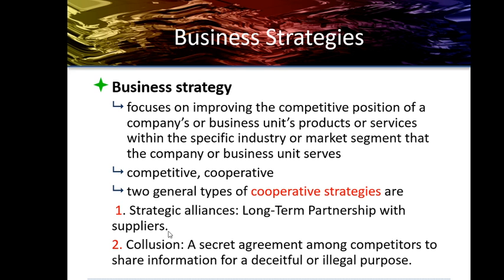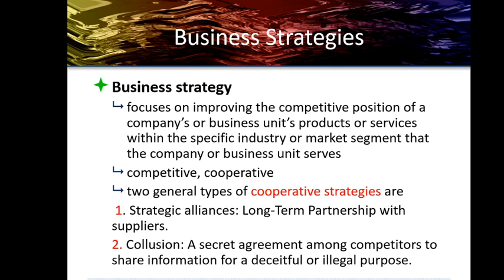Another cooperative strategy is collusion. Now, collusion is a secret agreement among competitors to share information for deceitful or illegal purposes. Some companies sometimes will agree to exchange information. Instead of a competitive strategy, we will use a cooperative strategy.